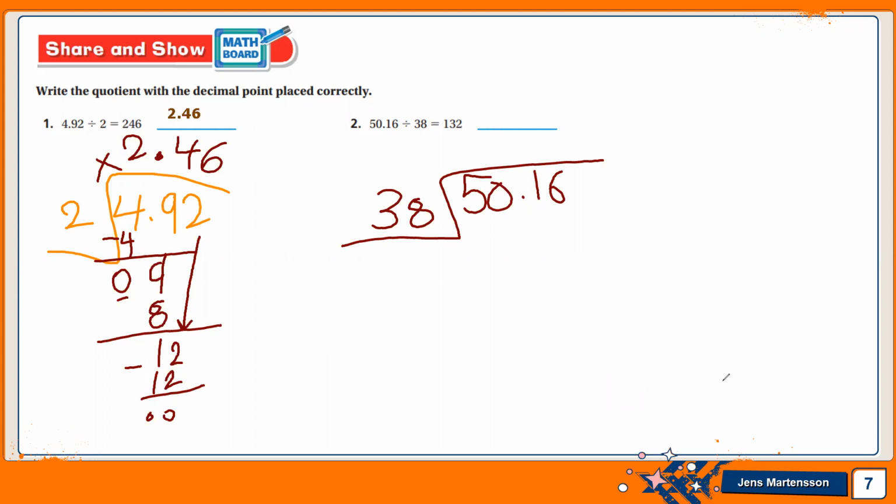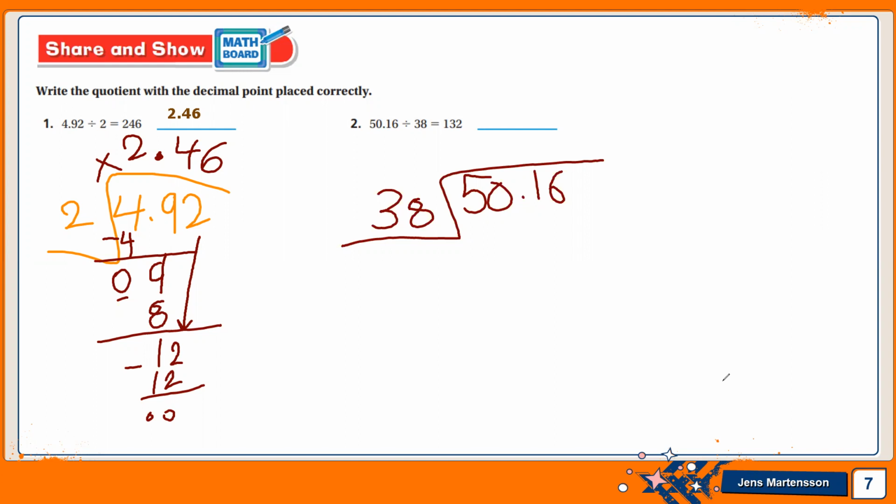How many 38 in 50? So how many 38 in 50? 1.